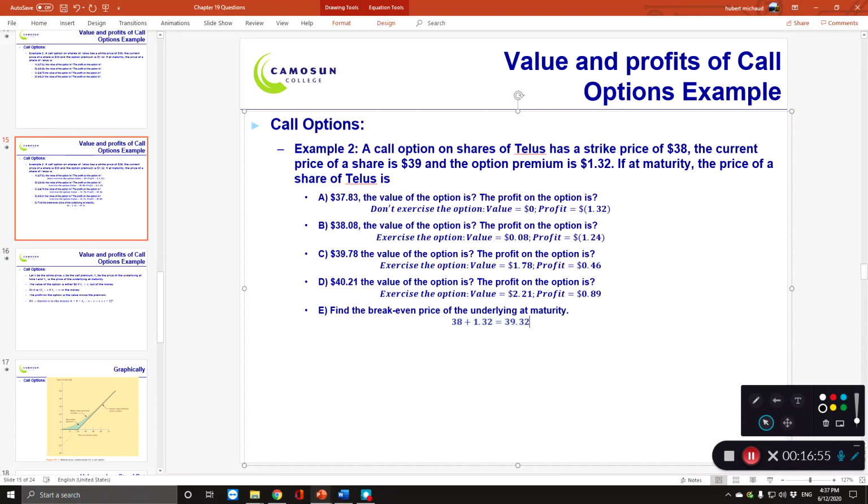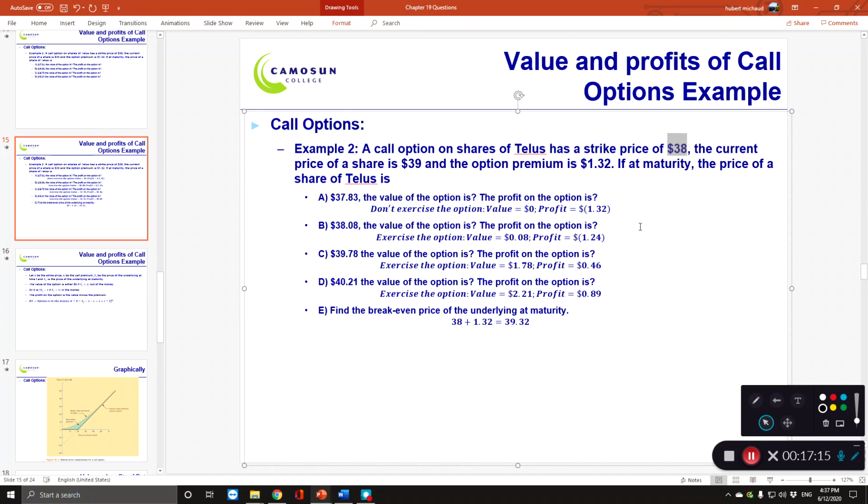Now just try to do it by yourself for a second. Try to convince yourself that it's the case. Stop the video if you need to. And now I'm going to demonstrate that it is. What is the value of the option? If the underlying is worth 39.32 at maturity, it's going to be 39.32 minus 38.